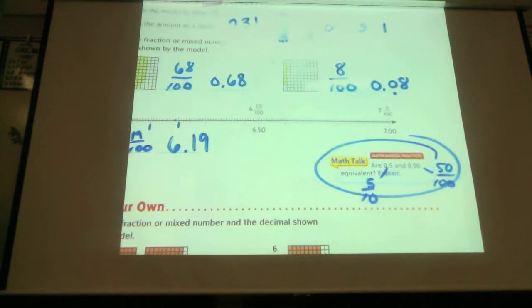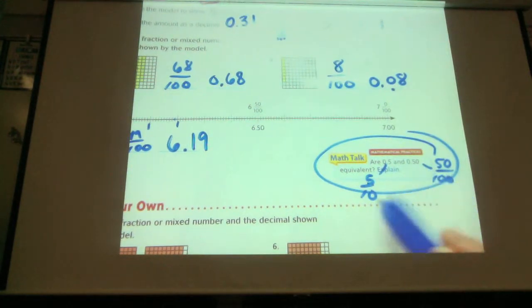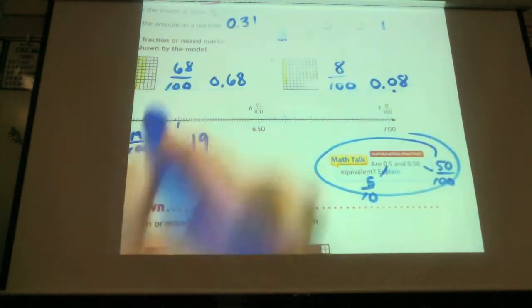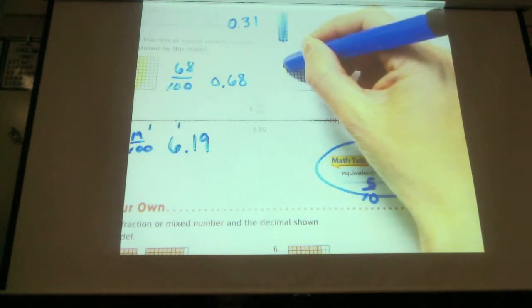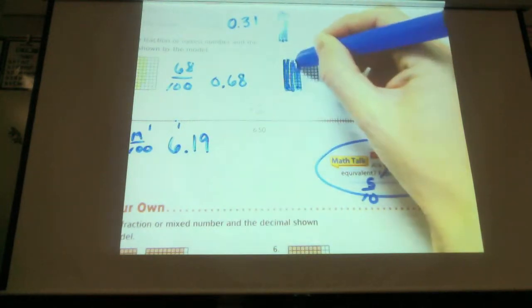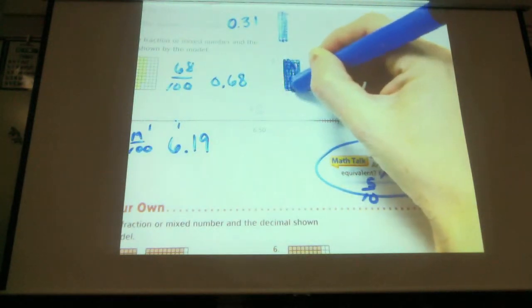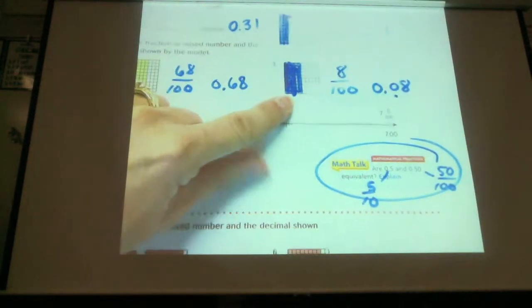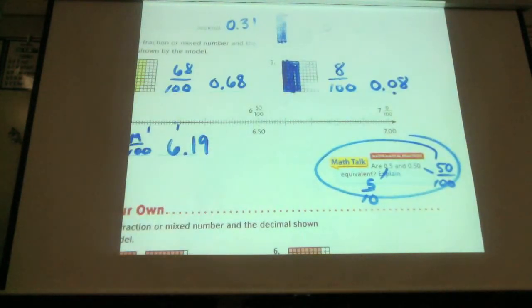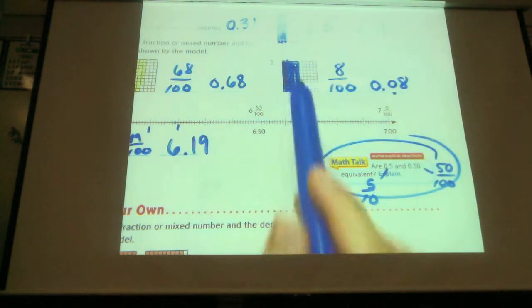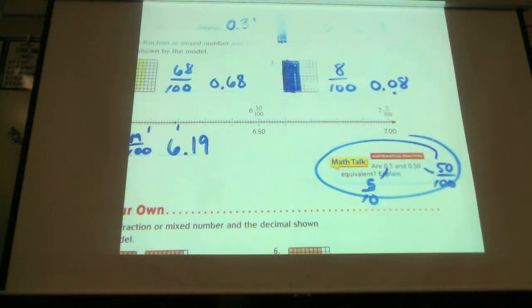Right? This is 50 100ths and this is 5 tenths. So I'm going to shade 50 of these. There's 50 100ths. You guys agreeing with me so far? Yes. What about if I wanted to count those in tenths? How many tenths are there? 5. So they are equal.